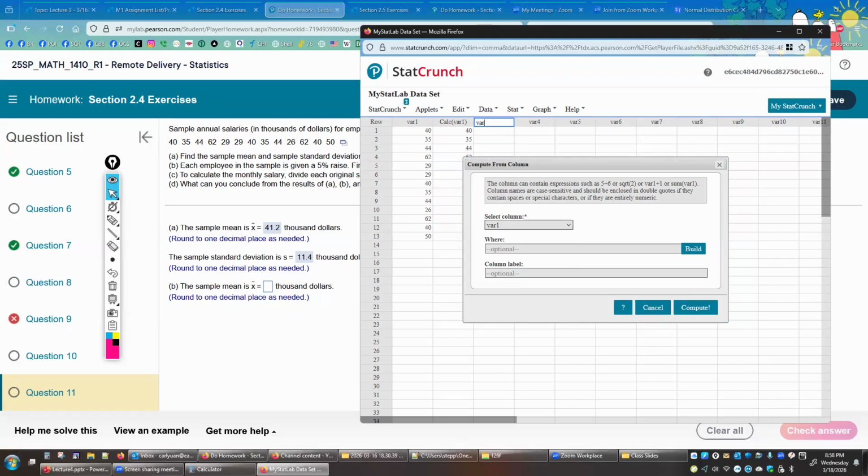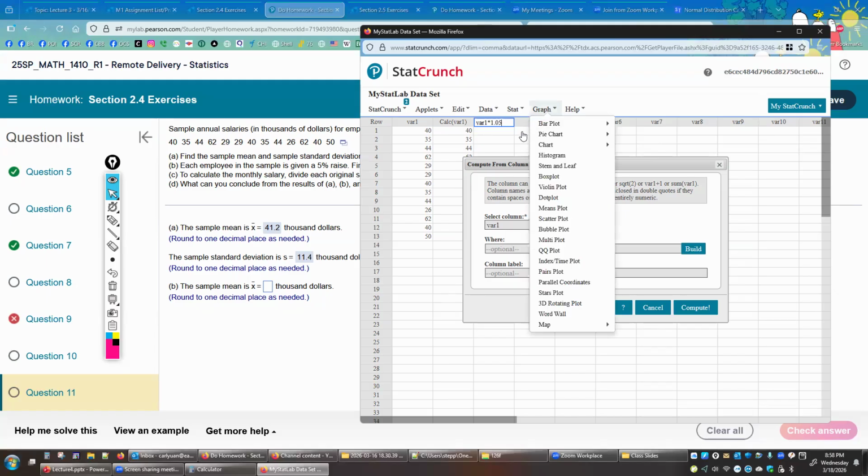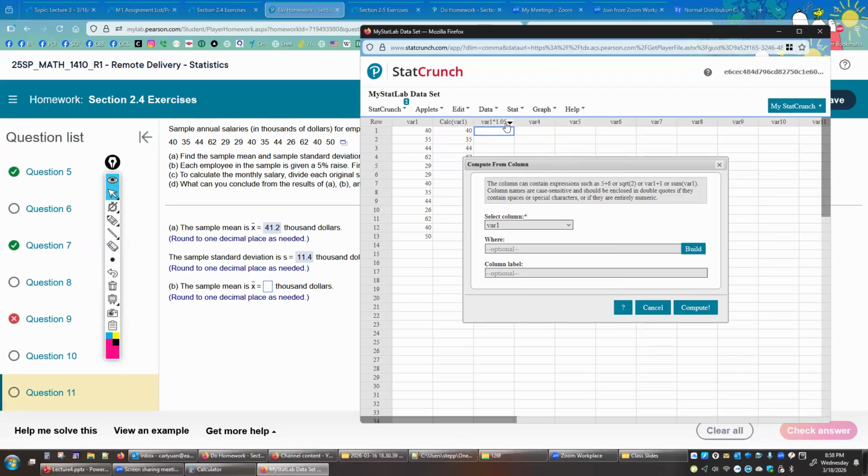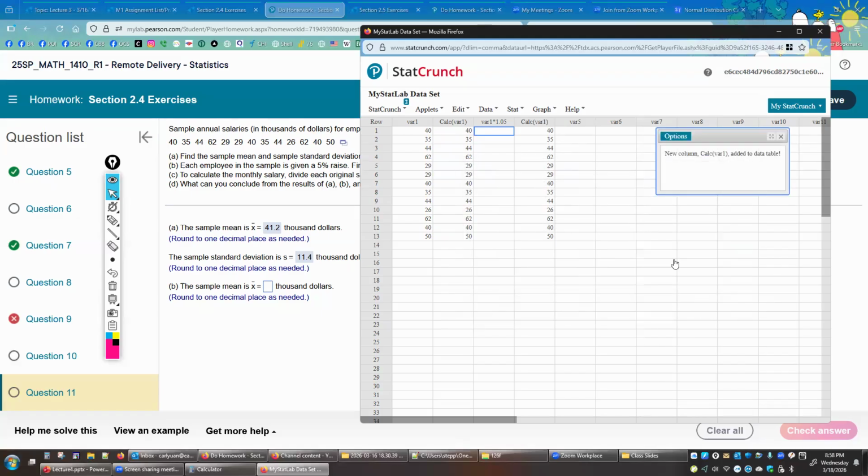So var1 times, since it's a 5% raise, it would be times 1.05. Okay, so I'm going to select column. All right, let's see, compute.